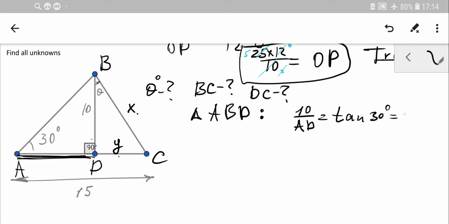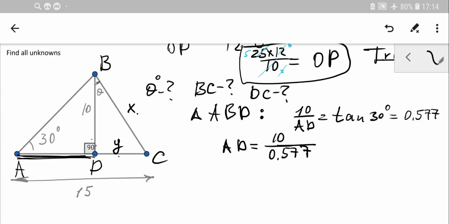If we calculate tangent on the calculator, we've got 0.577 something. From here we can express AD: 10 over 0.577. Or if you can do it in one step, I advise swapping AD with tangent 30 and then doing it on the calculator in one line.